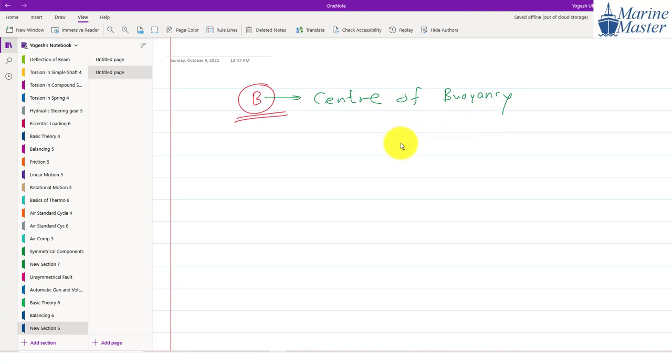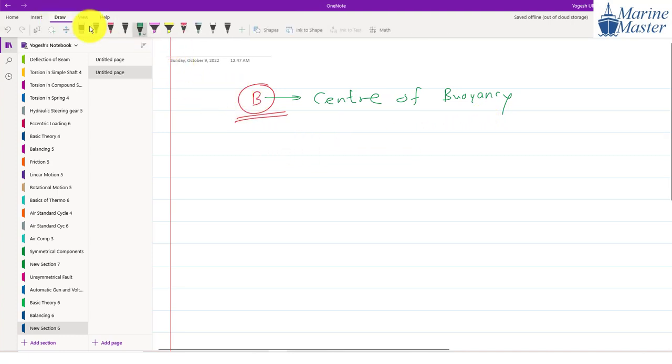Now, what are the meanings of center of buoyancy, guys? There are two meanings we studied in the last lecture. What are the two meanings of center of buoyancy?